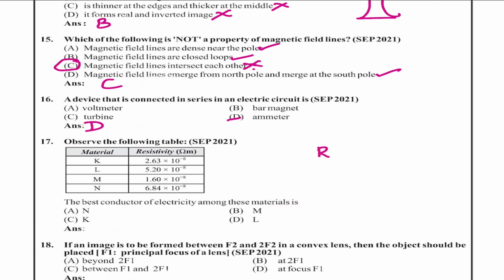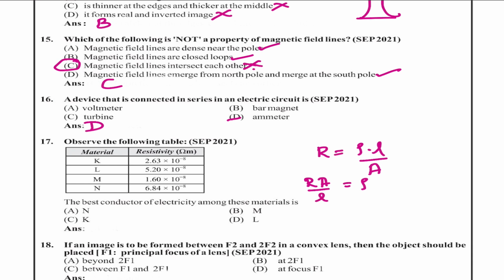So, we have a formula R is equal to rho into L by A, where R is the resistance of a conductor, L is the length, A is the area of cross section and rho is the resistivity. Just rearranging, we can get rho is equal to R into A by L.